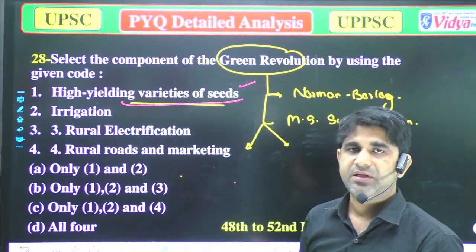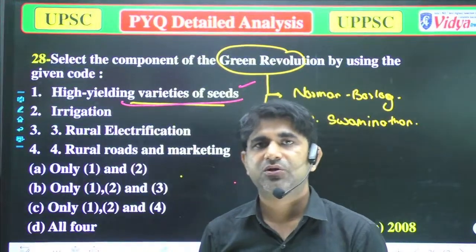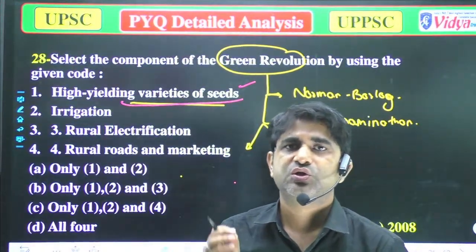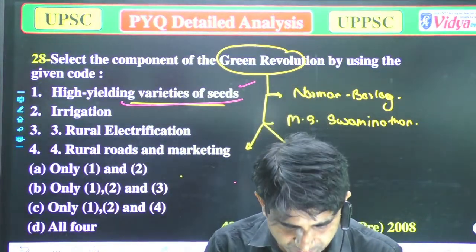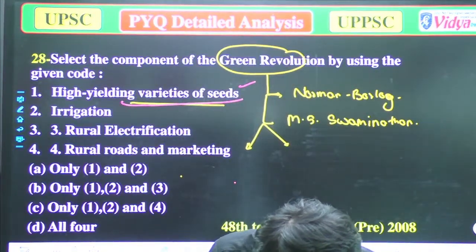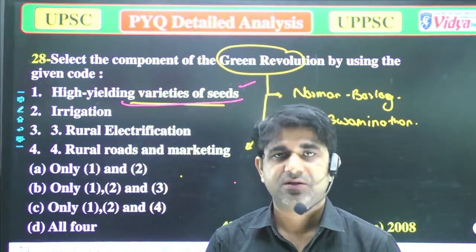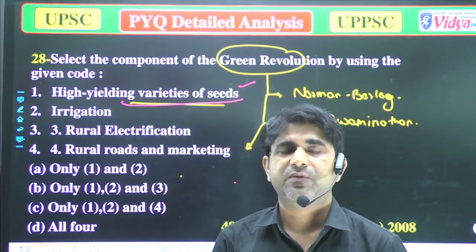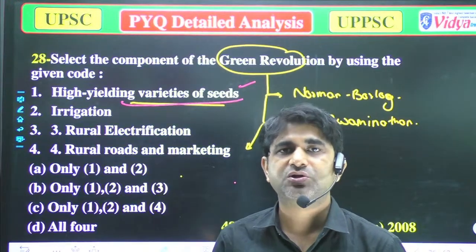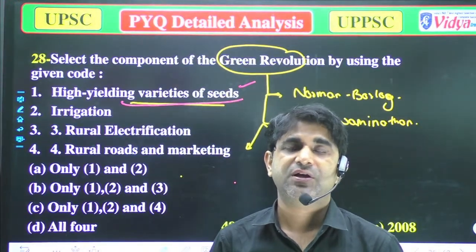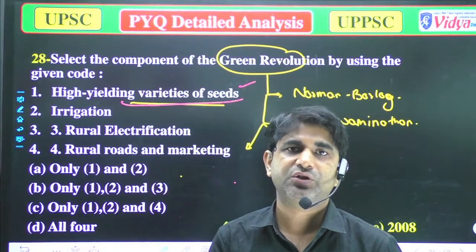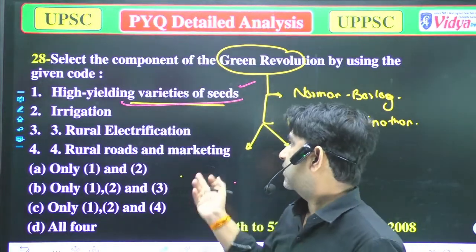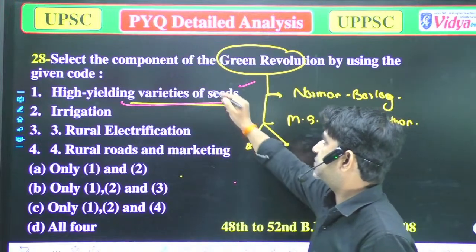Generally, the species of Mexican wheats have been used most frequently in the green revolution, and wheat is the crop that gained the maximum utilization. Good evening, Anchal. So high yielding varieties of seeds, that's true.